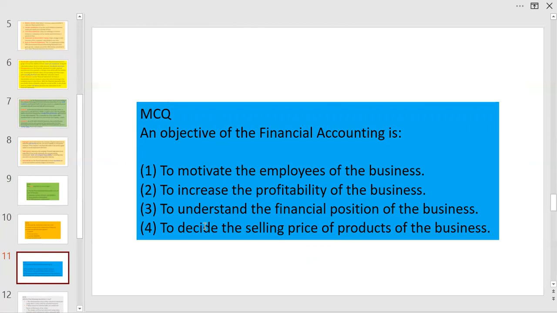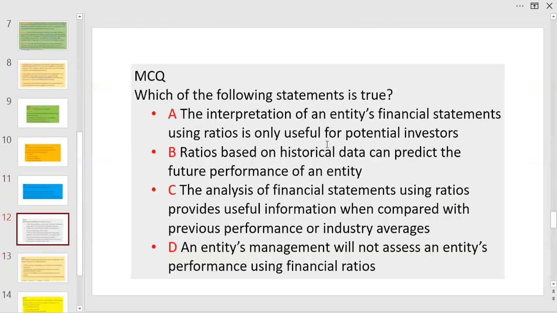Next MCQ, which of the following statements is true? A. Interpretation of entities' financial statements using ratios. Ratios cannot be used in isolation. B. Historical data is based on actual cost, and this cannot indicate future performance by analyzing ratios. Therefore, this is incorrect.